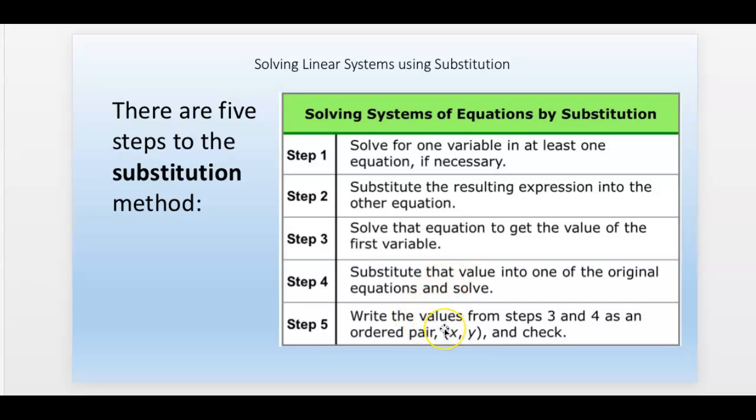The last step, make sure you check your answer. Check to make sure it works in both original equations, and write your answer as an ordered pair, x, y, or whatever, alphabetical order, whatever 2 numbers they give you, okay?